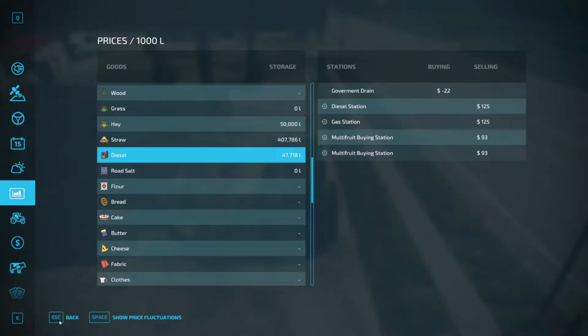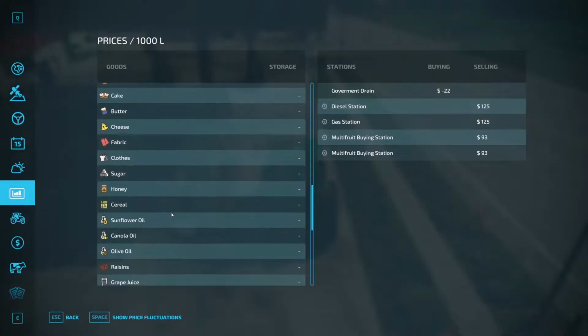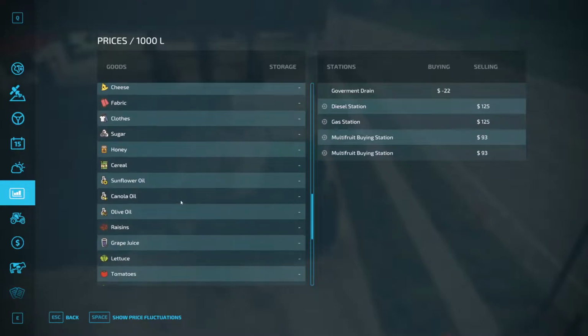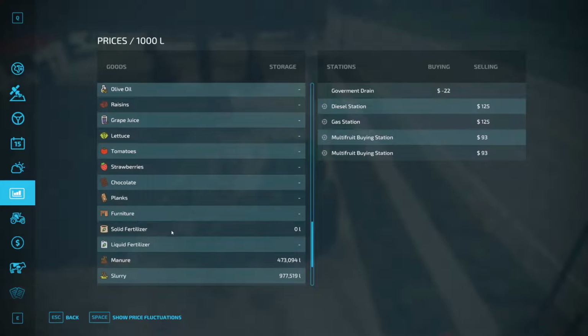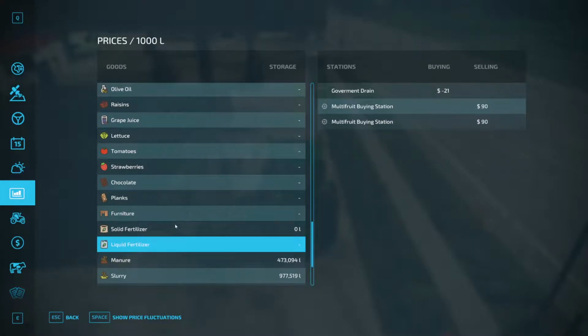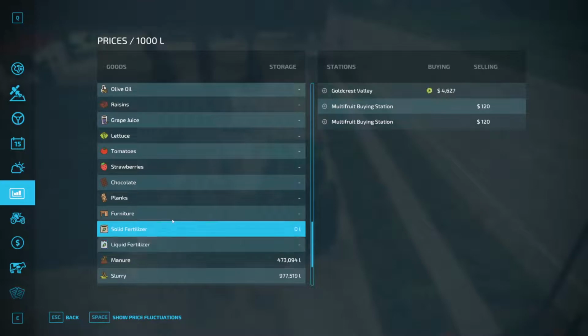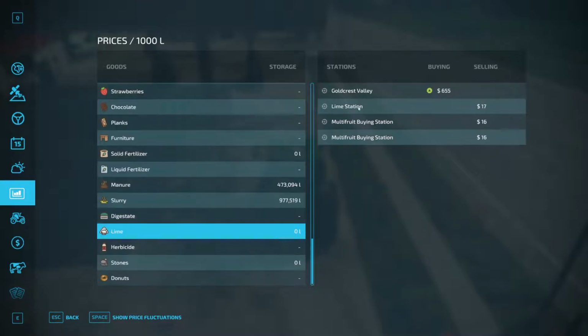Let's look at one more. Let's look at what has a fixed cost. To keep things brief, I looked at lime, and I did the math.